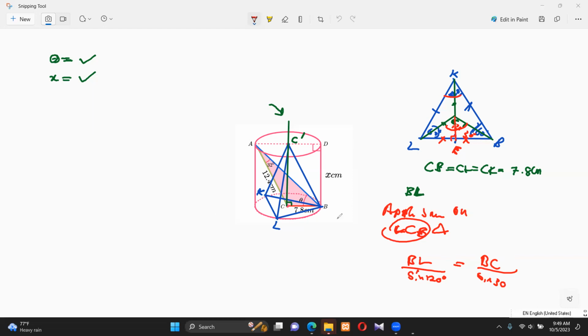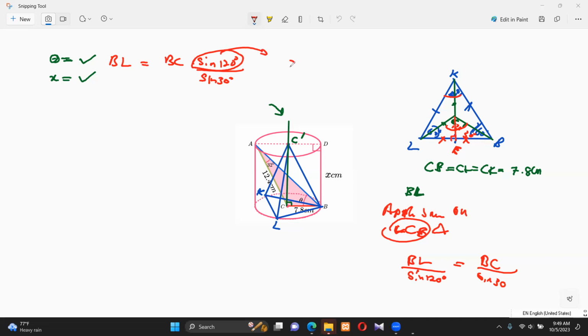I don't have enough space over there, so I'll use this space. Then make BL the subject. You can see BC times sine 120 degrees over sine 30 degrees. You can keep doing it with your calculator.